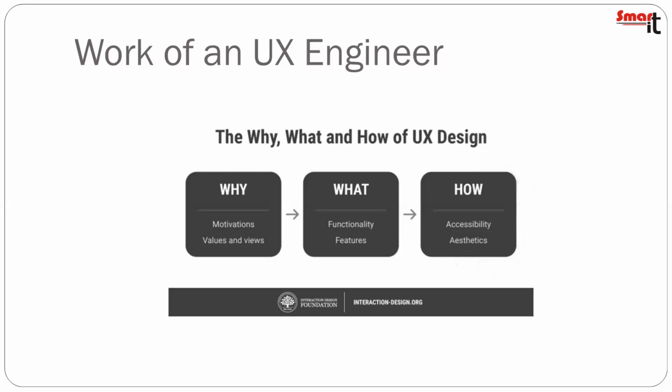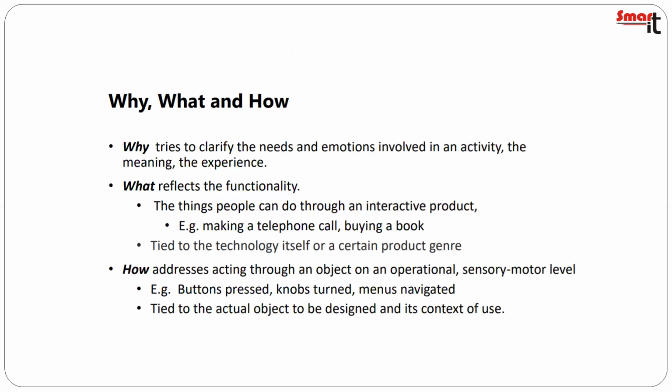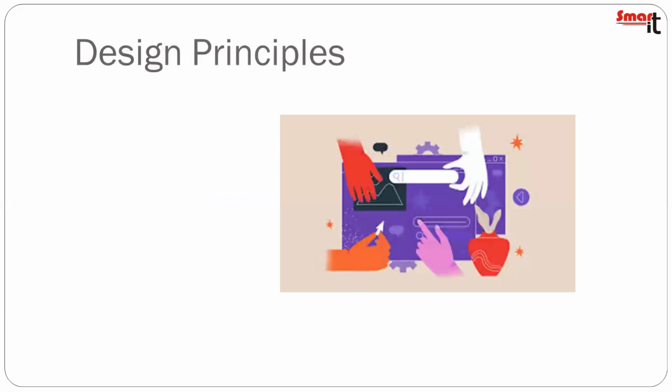That is the thinking procedure of the UX designer: why, what, how. The user must have some reason to do that, and what action is performed and how that action is performed. Right.